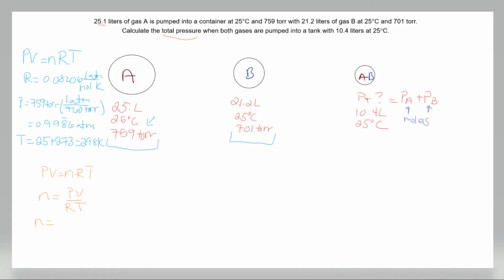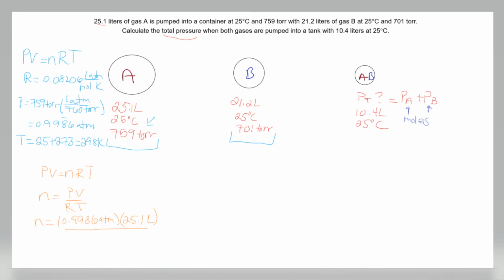n equals pressure. So what do we got? 0.9986 atmospheres times volume, 25.1 liters. It needs to be in liters because the gas constant is in liters.